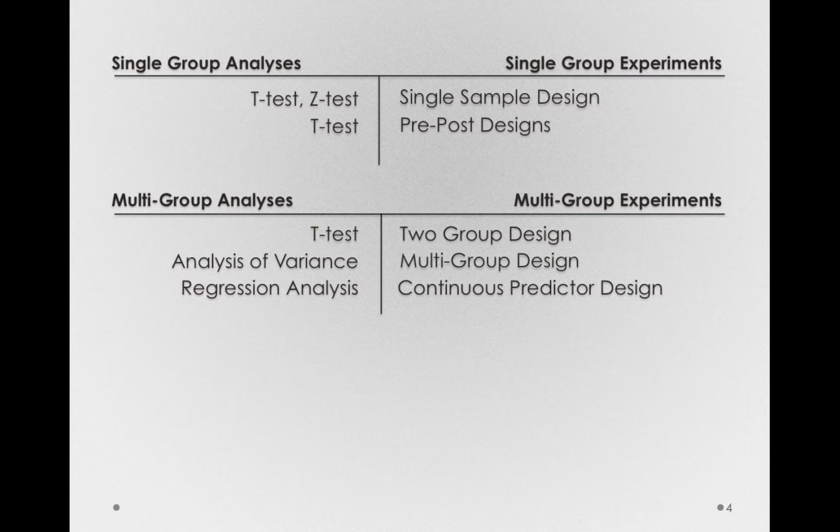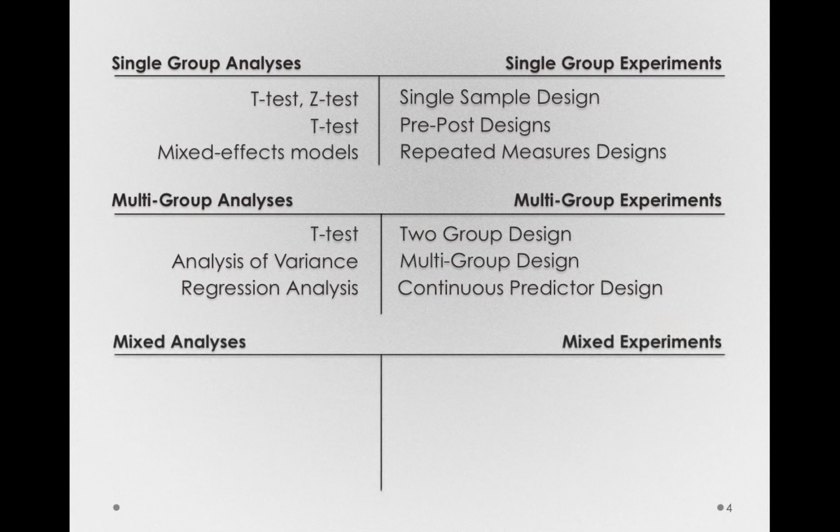Going back to the single group experiments, we can imagine a situation where instead of measuring somebody twice, that is, in a pre and post design, we form repeated measurements on those individuals. Those are called repeated measures designs, and we'll analyze those in this course using something called a mixed effects model. At the bottom, we can think of mixes of these different types of experiments.